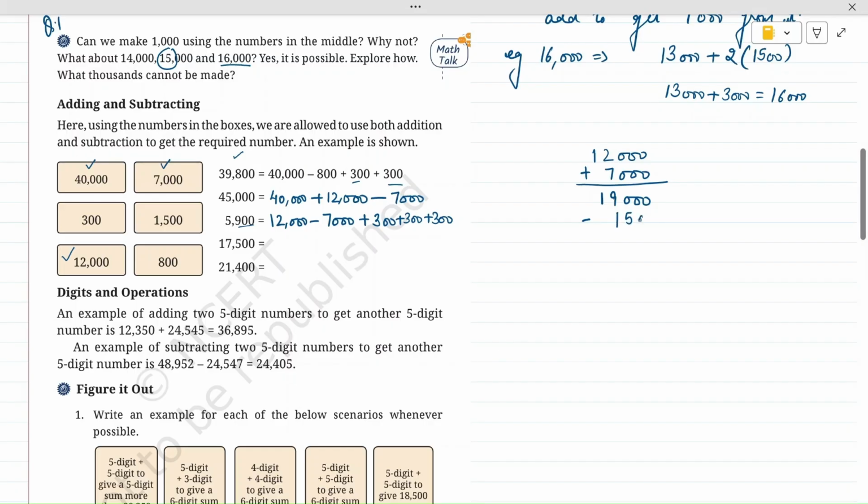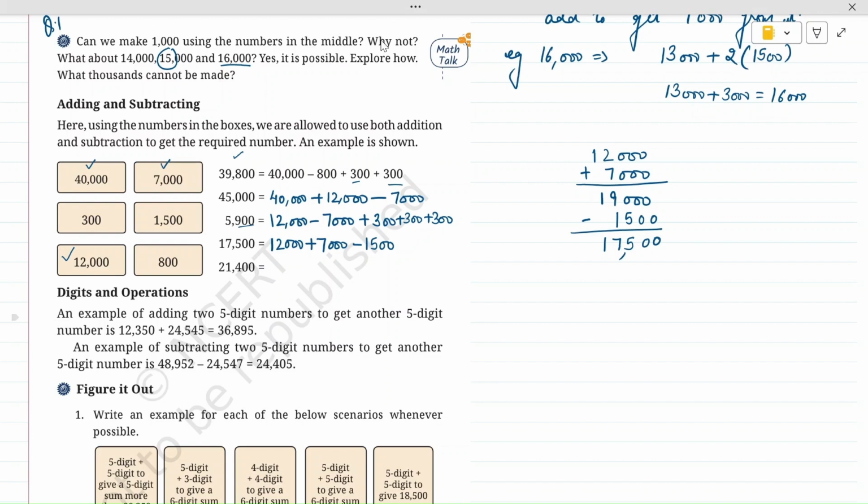So I'm subtracting 1500, and I will get the number we wanted. So I am explaining the same here. I am writing this is 12,000 plus 7,000, which will give us 19,000 first. And then we will subtract 1500 from this. We'll get the desired number.